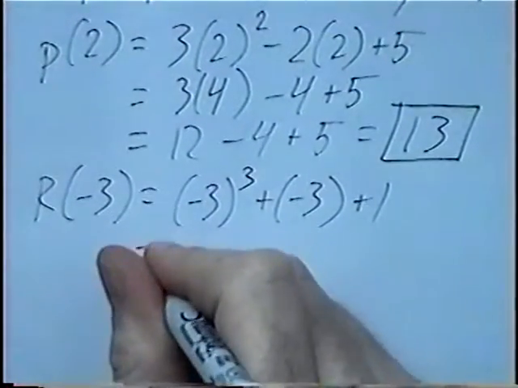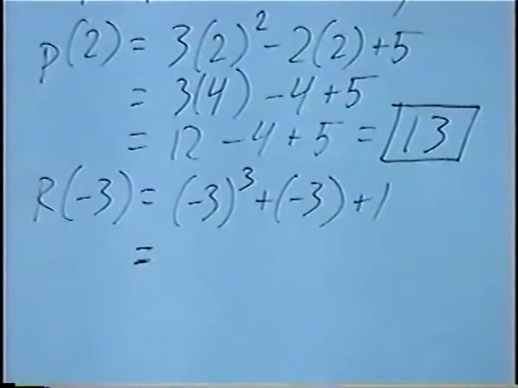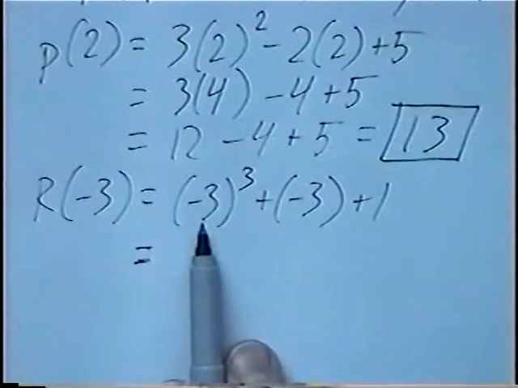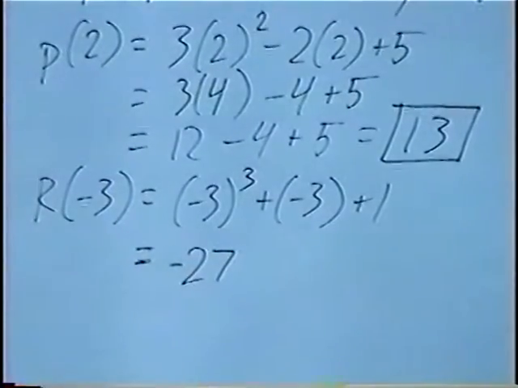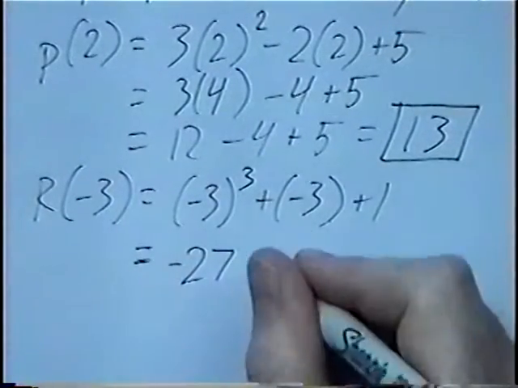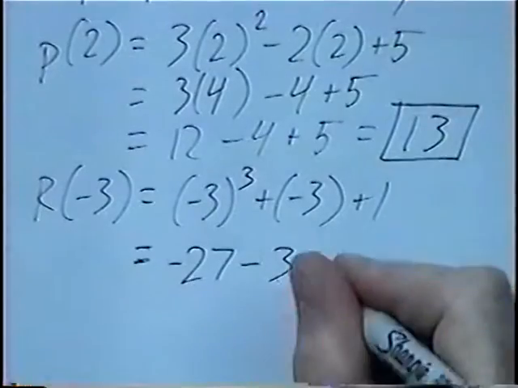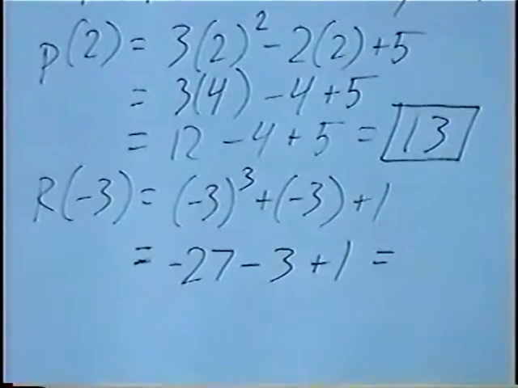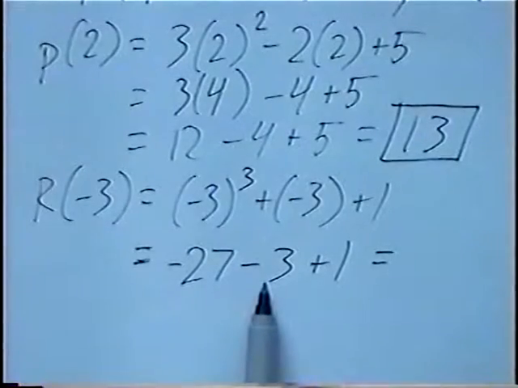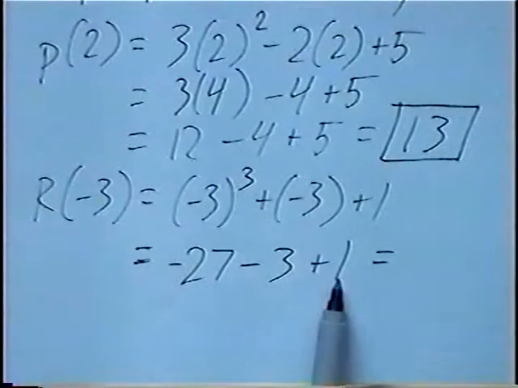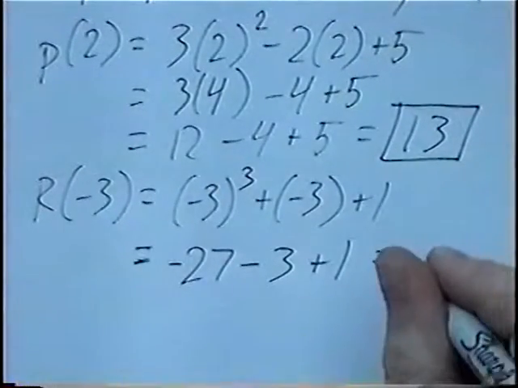Simplifying, negative 3 cubed, negative 3 times itself 3 times, would be negative 27, plus a negative 3 would be minus 3, and plus 1. Negative 27 minus 3 would be negative 30, plus 1 would be negative 29.